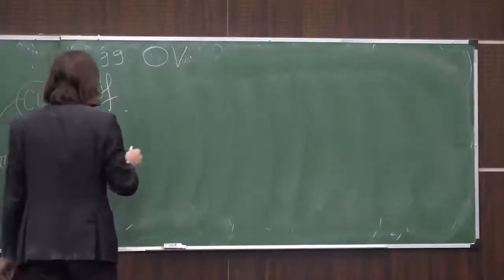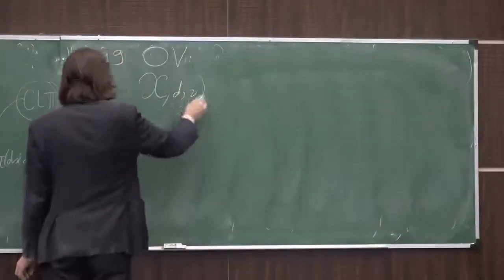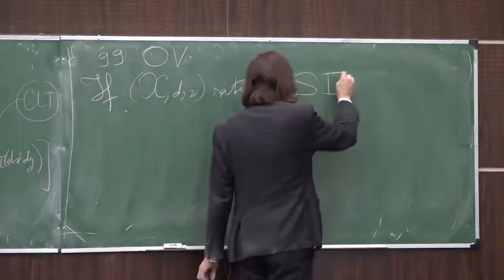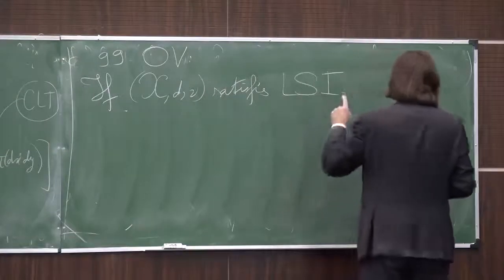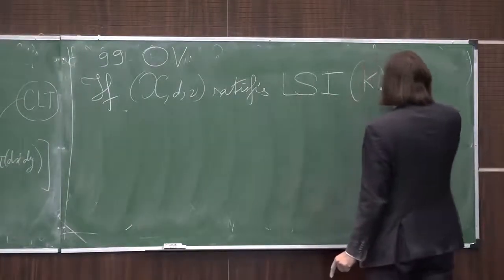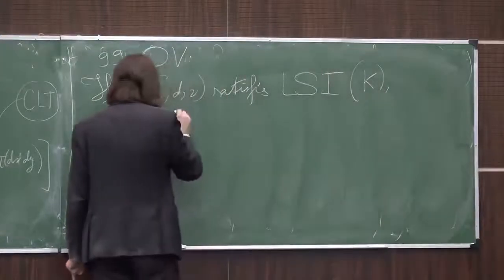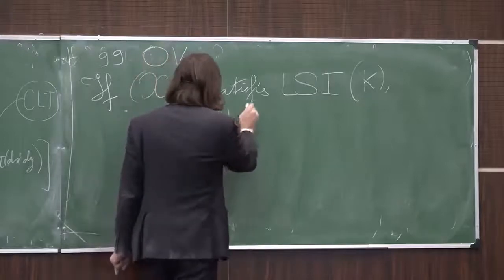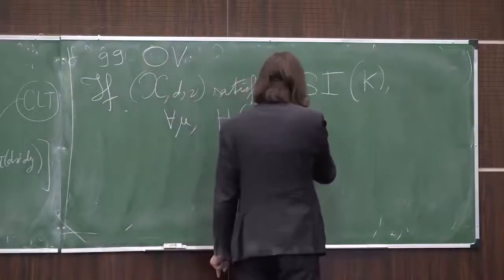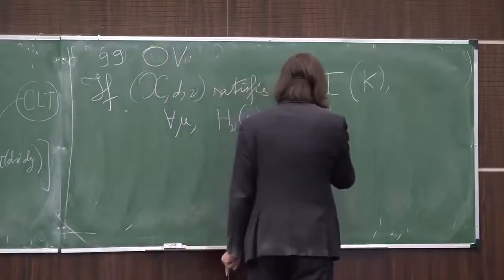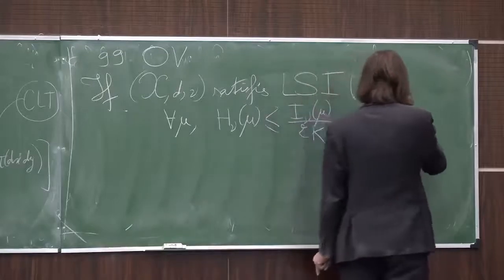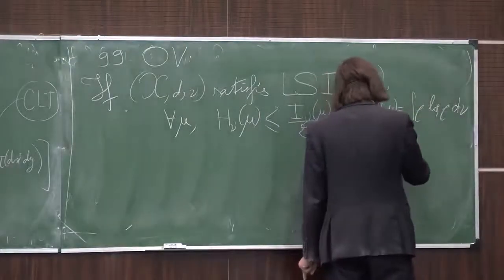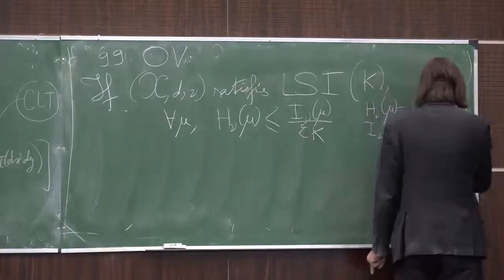If a space satisfies the logarithmic Sobolev inequality with constant k, that is, for any probability measure mu, h nu of mu is bounded above by I nu of mu over 2k, where h nu of mu is the integral of rho log rho d nu, and I nu of mu is the integral of grad rho squared divided by rho d nu.